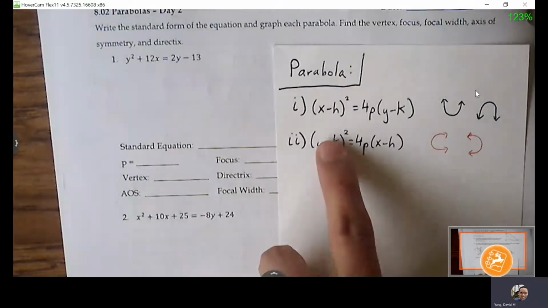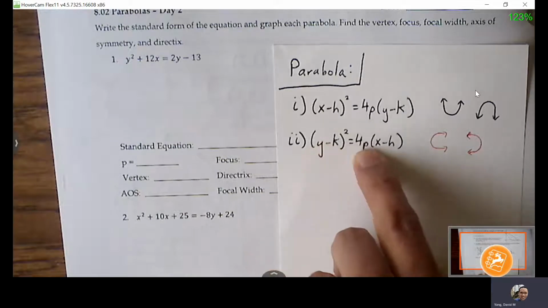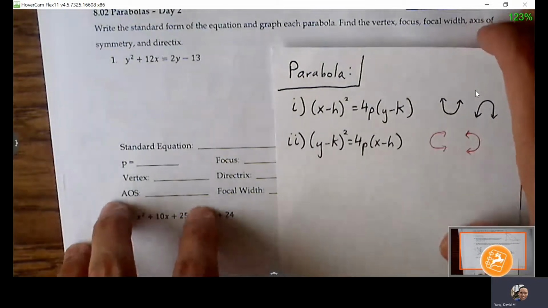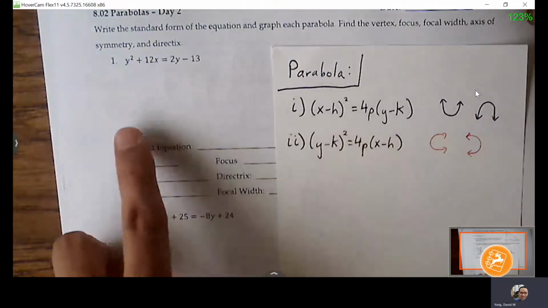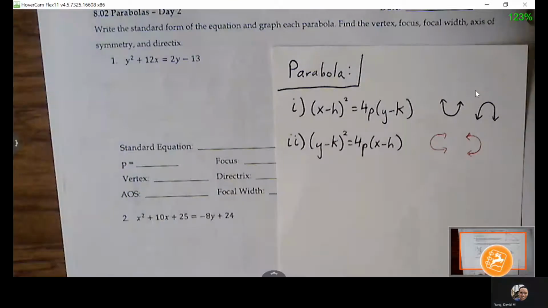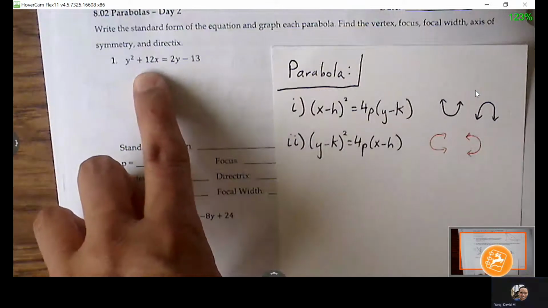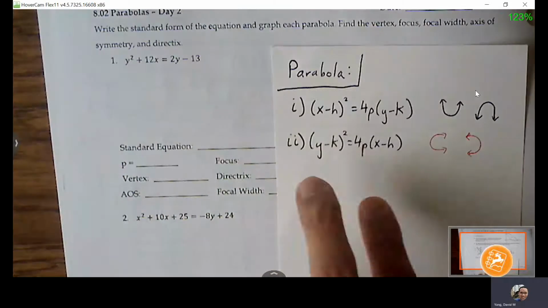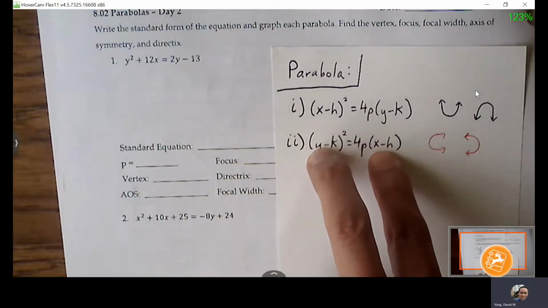And then if your y is squared, that means you're expecting your parabola to open to the right or to the left. So if you look at number 1, you see that it's not quite in standard form. But instantly, just by looking at the fact that the y is the one that's being squared, you know that you're ultimately trying to get the equation to look like this second form.